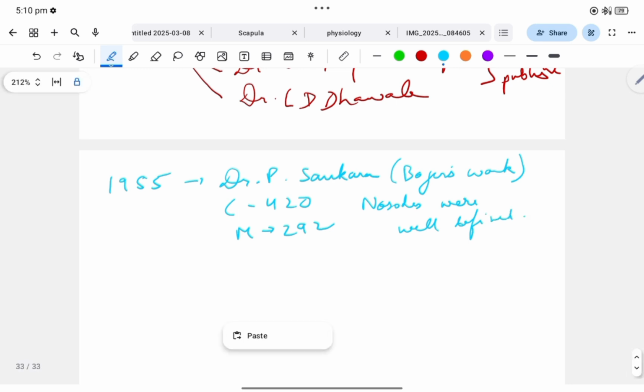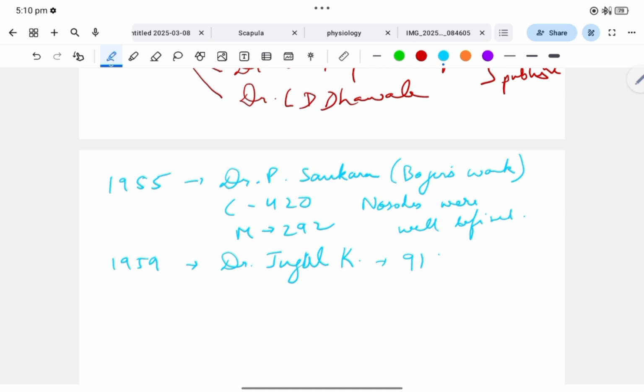Now in the year 1959, Dr. Jugal Kishore's card repertory came with total number of cards 9192.